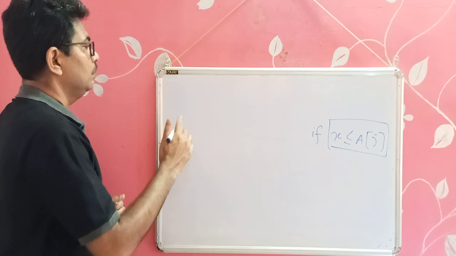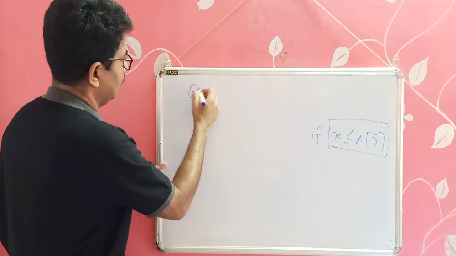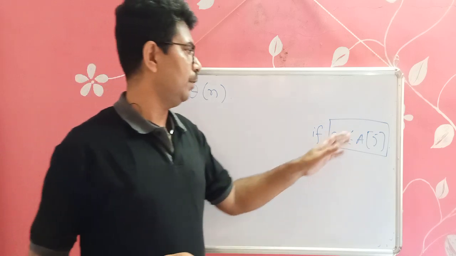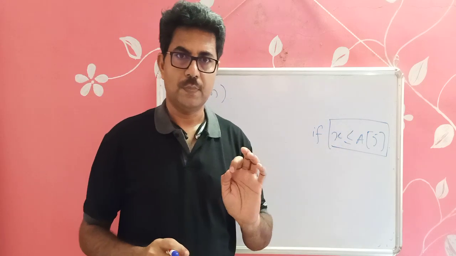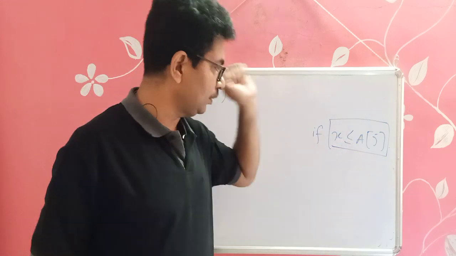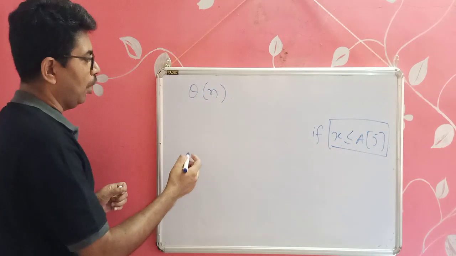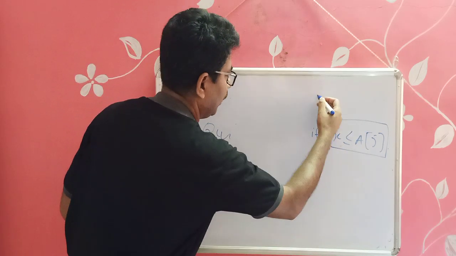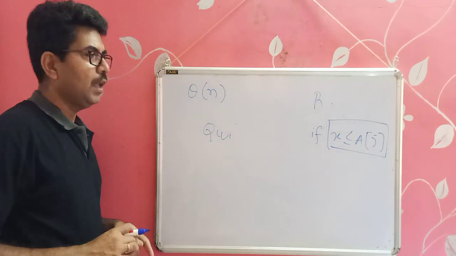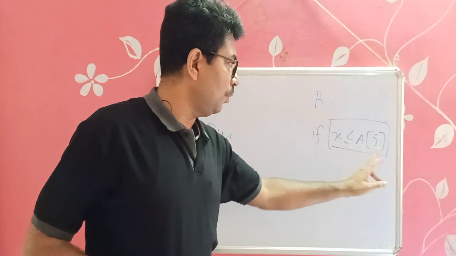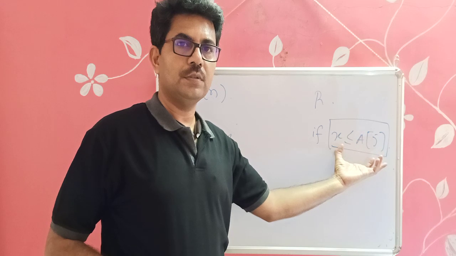So if we say that theta n is the time complexity for the partition algorithm, then how many times is quicksort calling the function partition, and for each call of partition there is a comparison between these elements, right?